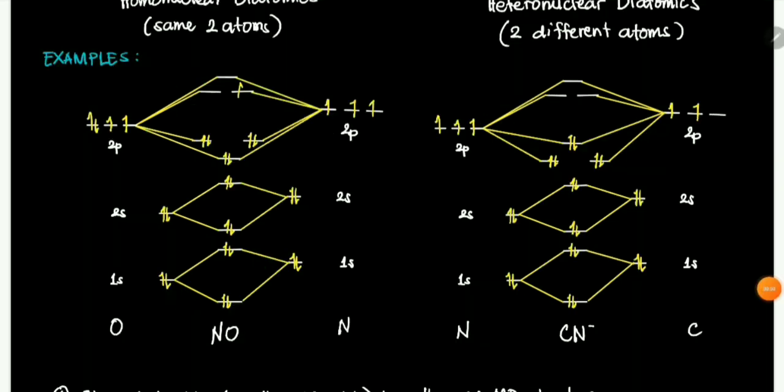Okay? So here we have some examples. So for the first one, we have the nitrogen monoxide. So for the nitrogen monoxide, makikita natin na yung mga atomic orbitals ng nitrogen ay mas mataas kaysa doon sa inyong oxygen atomic orbitals. Kasi mas electronegative si oxygen kaysa kay nitrogen. So, makikita nyo din dito na they have a total of 15 electrons.